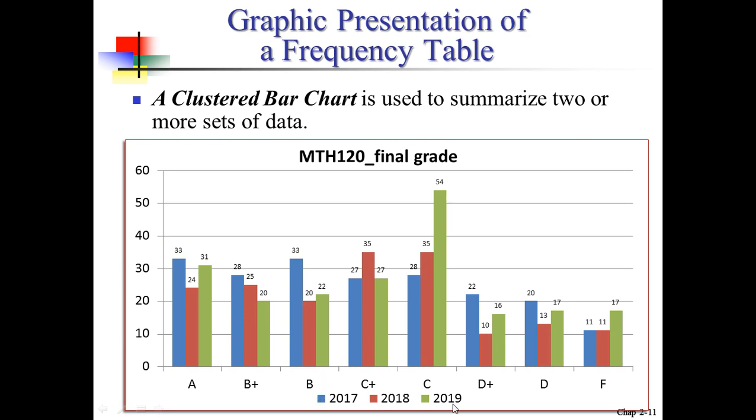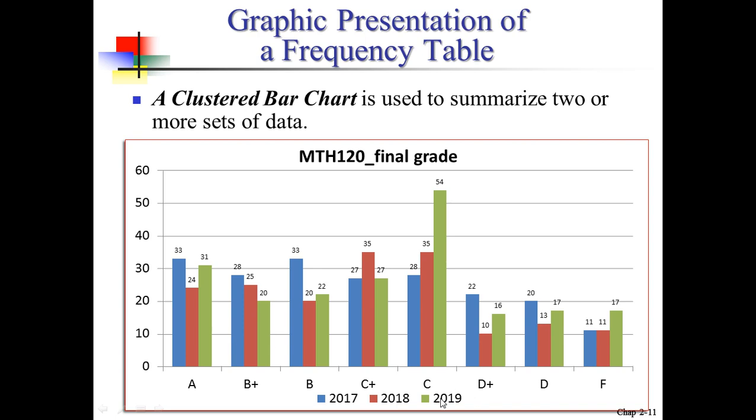How about if we have 5 years? If we have 5 years, grade A we will have 5 bars together. Grade B plus also 5 bars together. If we have 10 years, group A will be 10 bars together. It's a bit longer to the other side here. Maybe if you want to cover all, you need to make it small.